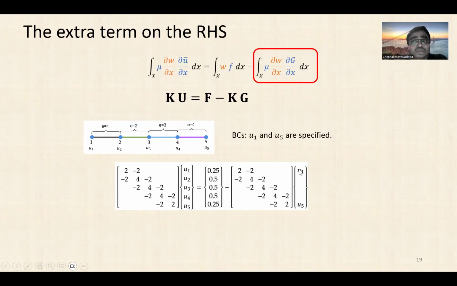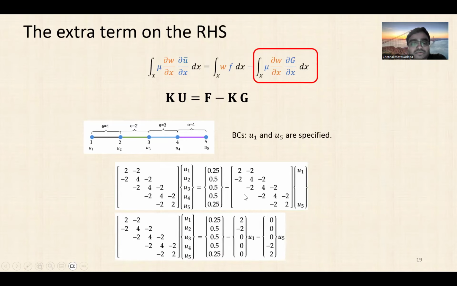So we know U1 and U5 from g. If you want, you can write G1 and G5. It doesn't make much difference. U1 equal to G1, U5 equal to G5. So we know those values.